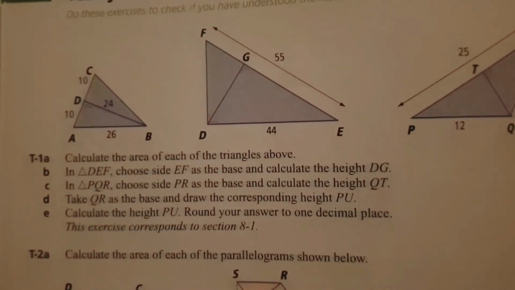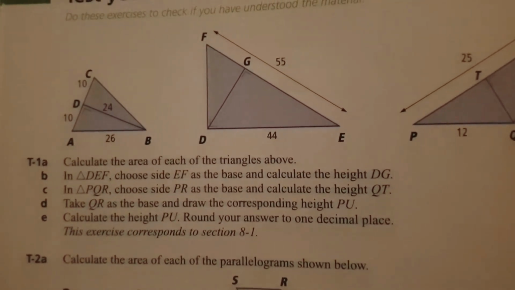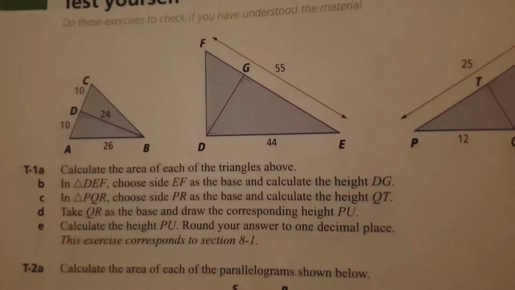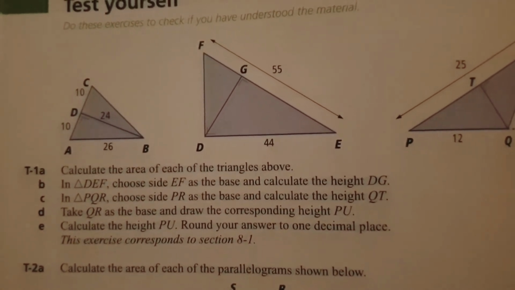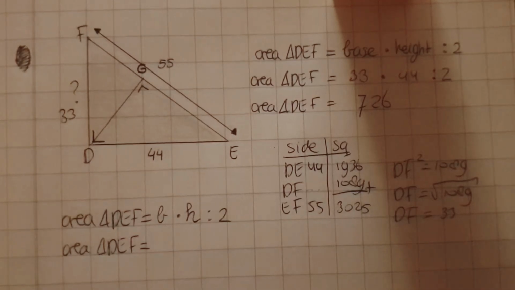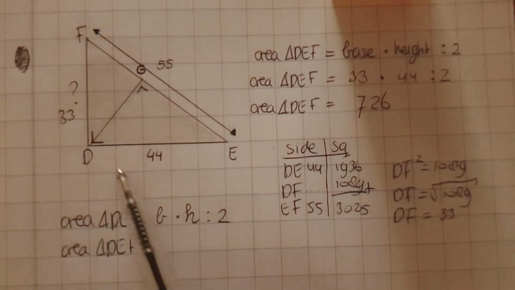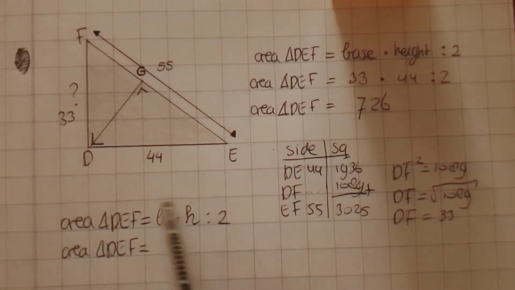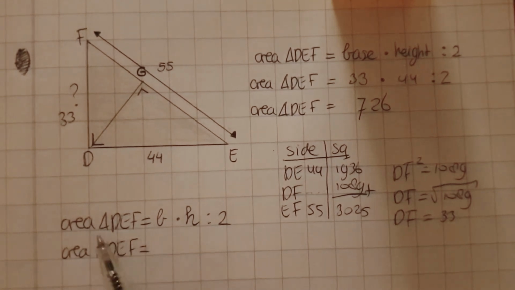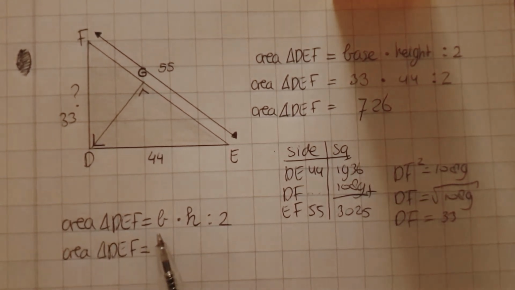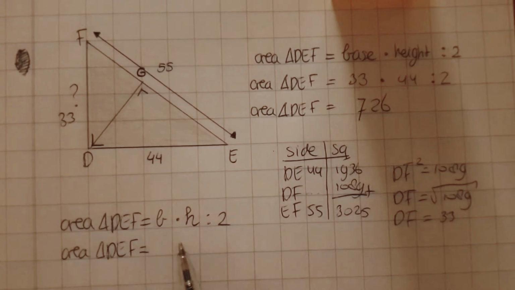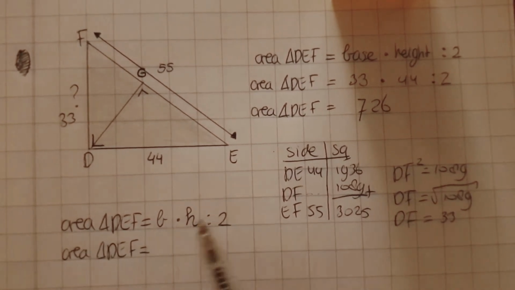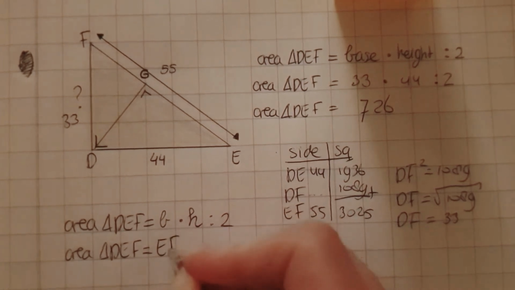In exercise B, it says, in triangle DEF, choose side EF as the base and calculate the height DG. So now I'm going to go back to this triangle DEF. I already made some calculations here, and now I'm going to focus on this, because they want me to take EF as a base. So I'm going to write down the formula again, and as a base, I'm going to take EF.